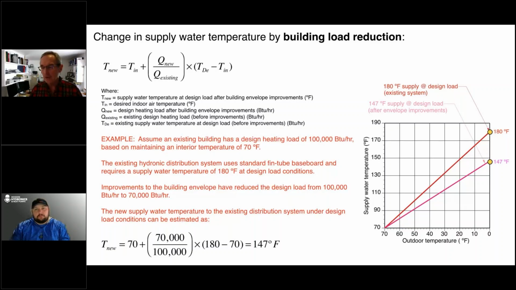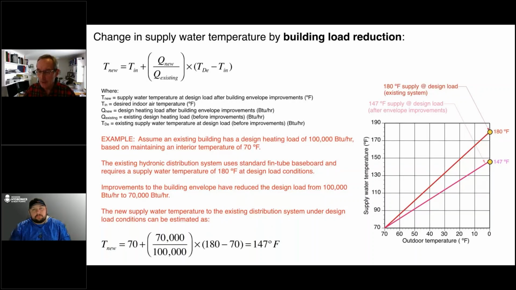And the reason I wanted to show the reset line is that, remember, you're only at design load conditions roughly 2, maybe 2.5% of a typical winter. There are many more hours where you're at a partial load condition. For example, maybe it's between 20 and 30 degrees outside. If it was 30 degrees outside and we reduced that load by 30%, we needed 147 at design.